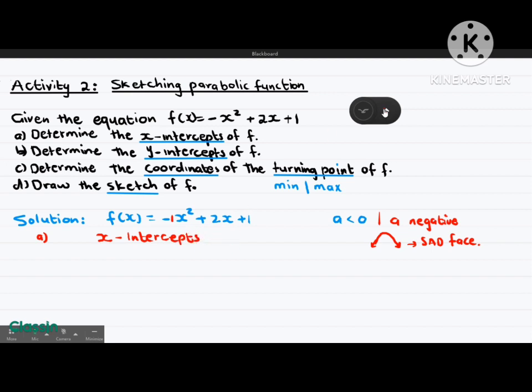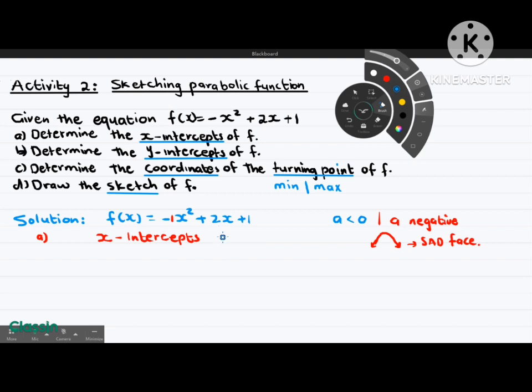We agreed that when you are looking for the x-intercept, always let y equal 0. We must make our y to be 0. And remember, I said f of x is actually y.